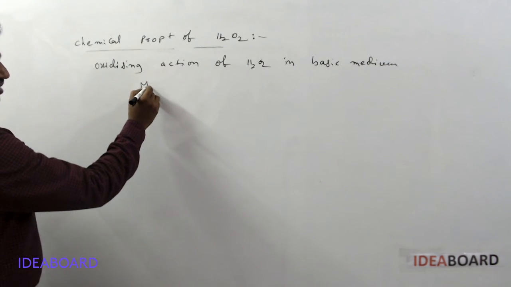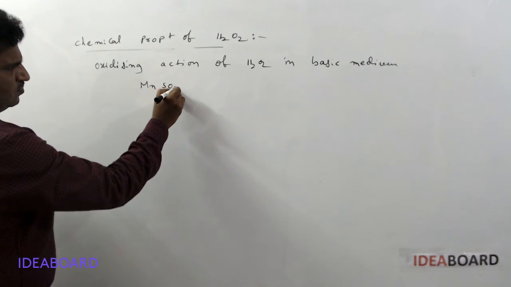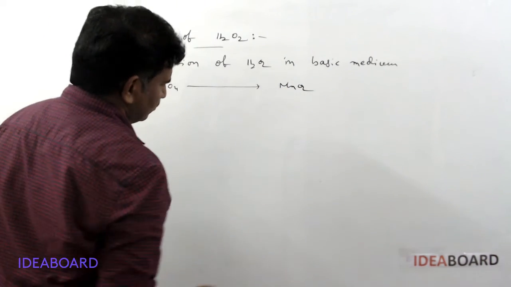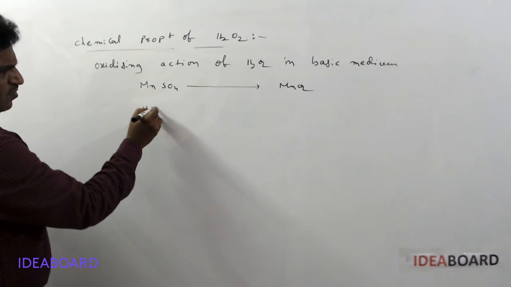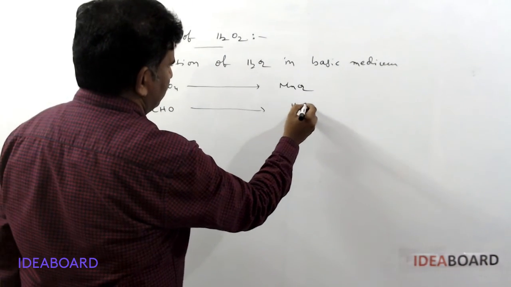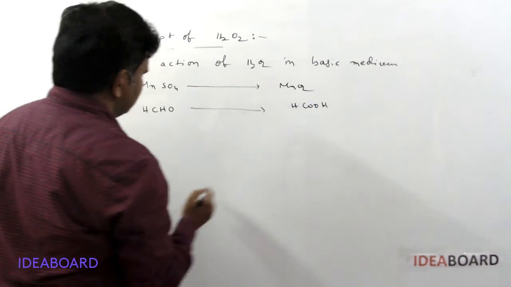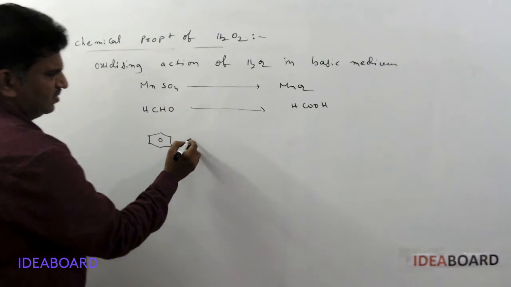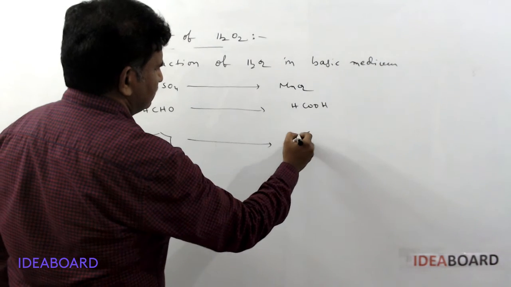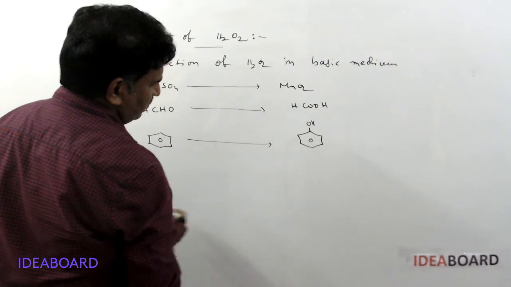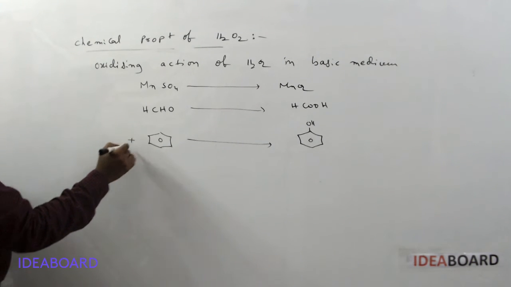First one is MnSO4, converting into MnO2. Next, formaldehyde, HCHO, is converted to formic acid. And phenol is formed from benzene.